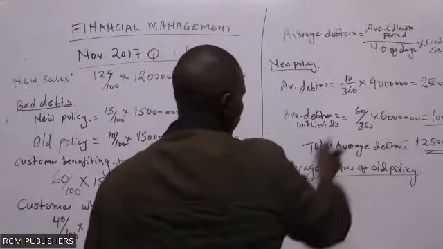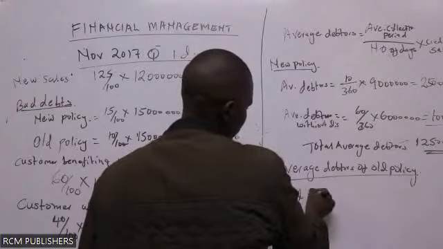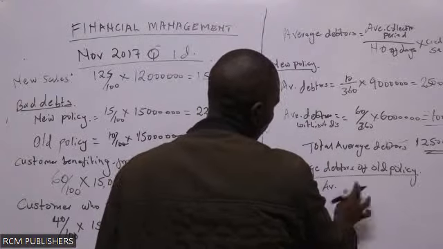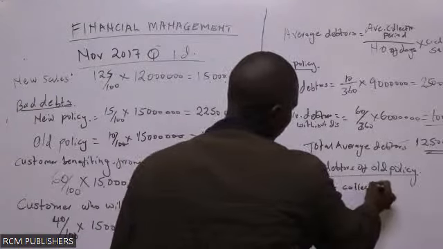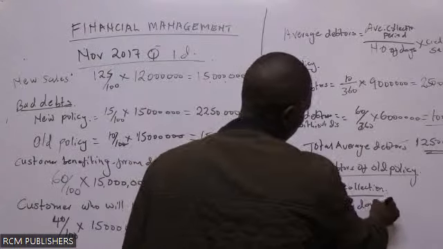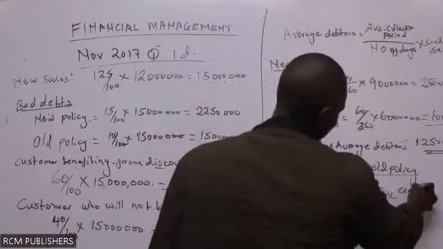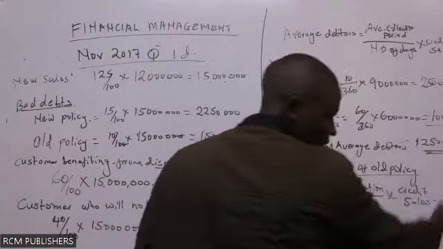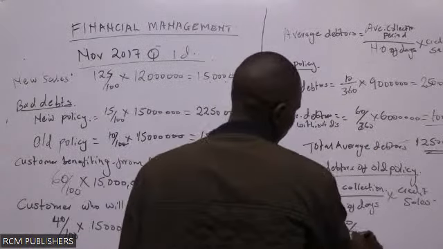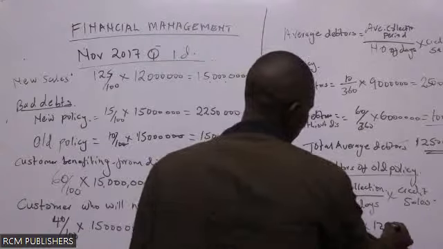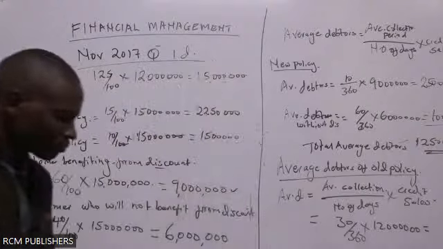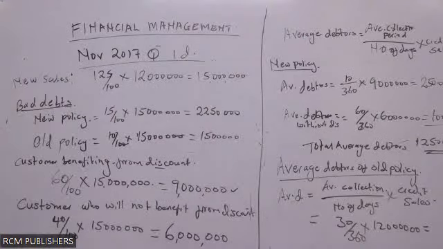Nakumbuke formula yetu ni ile tu, average data is equal to average credit sale correction period divided by number of days. Remind me the correction period for the old policy before they change. Nione nani anakumbuka, times credit sale. Kwa ngapi? 30 days. Thank you very much. So this one will be 30 over 360 for the old policy times 12 million. So tutapata ngapi?